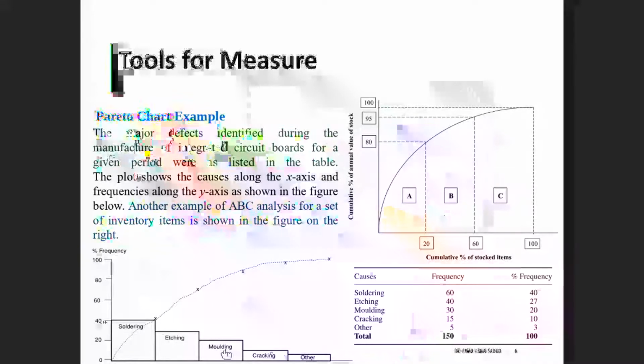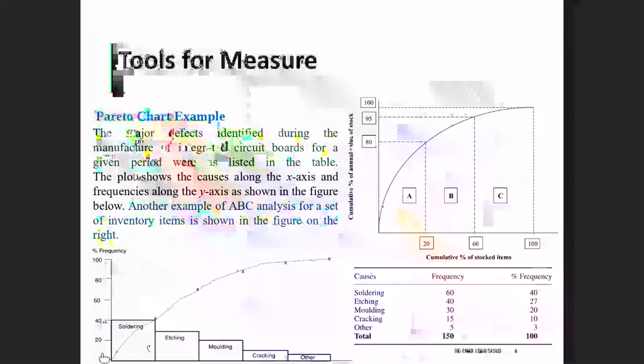When you apply the ABC analysis here, it will give you this graphical representation for the causes, 20% of the causes and 80% of the effects. That means if you resolve 20% of those causes, you will resolve 80% of the effects.